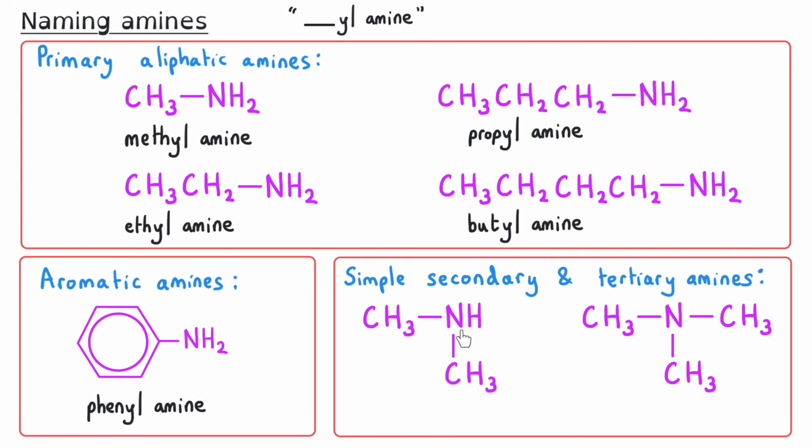And so if we had a nitrogen atom with 2 methyl groups attached, this would be a secondary amine called dimethylamine. And if there were 3 methyl groups attached, this would be a tertiary amine, and it would be called trimethylamine. And so this has the same idea as naming lots of other organic compounds. The prefix tells you how many groups there are, and the alkyl name tells you the group's identity.